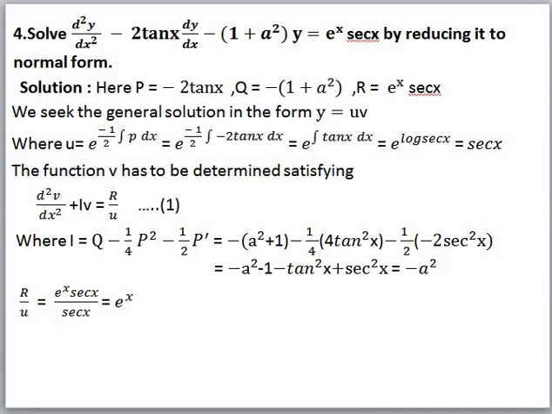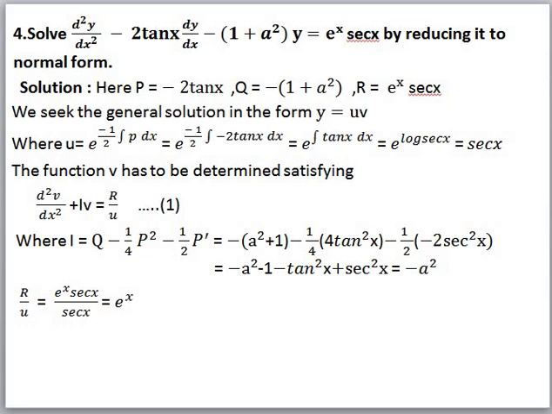You call it as equation 4, where I is equal to Q minus 1/4 P² minus 1/2 P dash, which is equal to minus of (1 plus a²) minus 1/4 (minus 2 tan x) whole square, which is 4 tan² x, minus 1/2. Differentiation of tan x is secant² x, so minus 2 secant² x.